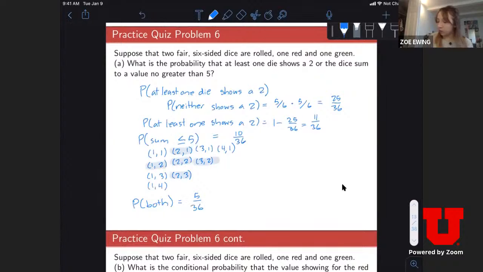And so the probability that at least one die shows a 2 or the sum is less than or equal to 5 is going to be 11 over 36 plus 10 over 36 minus 5 over 36, which comes out to 16 over 36. Oh, sorry, not 25. That should be 11.